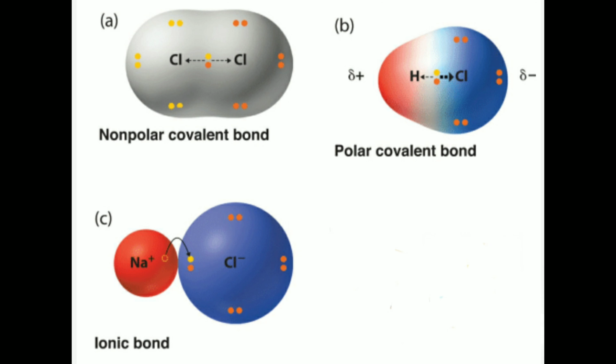So in summary, you can see that nonpolar covalent bonds form when the same element bonds with itself. Since there is no difference of electronegativity, there are no ends to the molecule. In a polar covalent bond, the electrons are shared between two nonmetallic elements, but the higher the electronegativity of an element is, the more strongly it can attract those shared electrons.